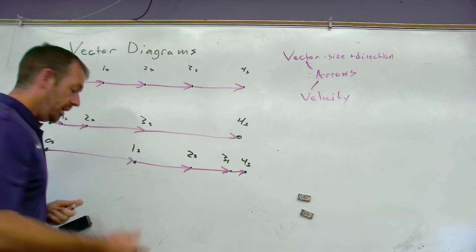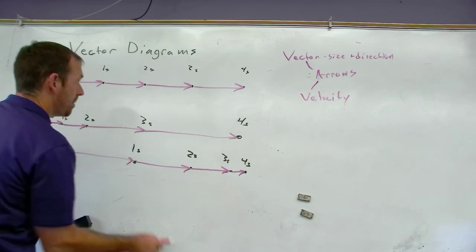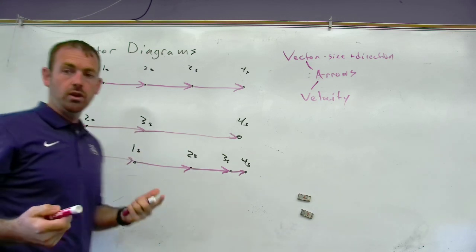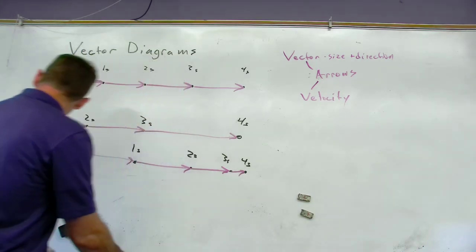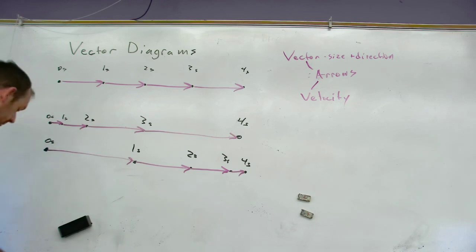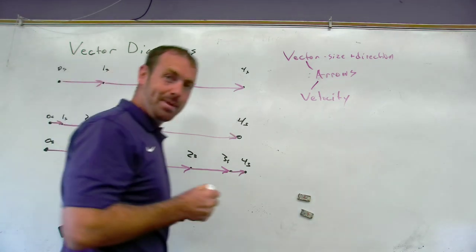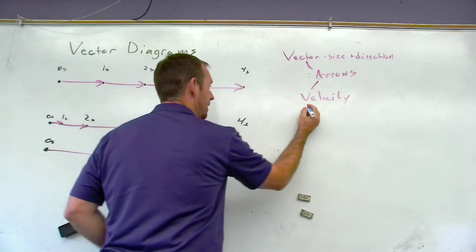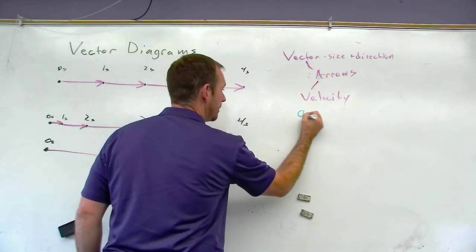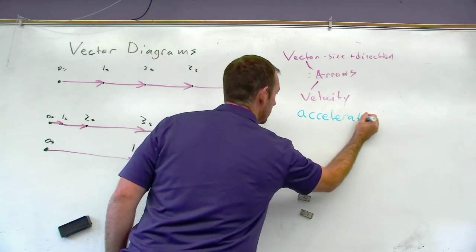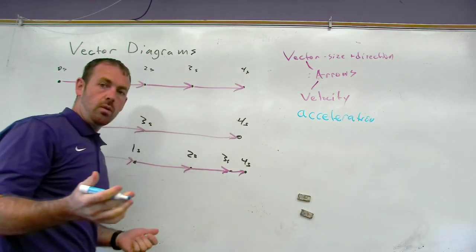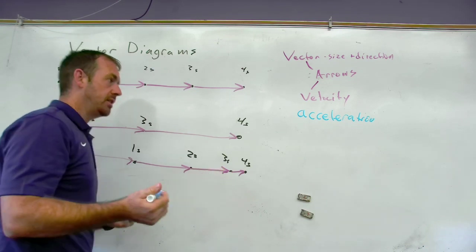So if we then think about another vector quantity, we'll go light blue. Hey, I'm back. We could say acceleration. Is another vector quantity, and it has a size and a direction.